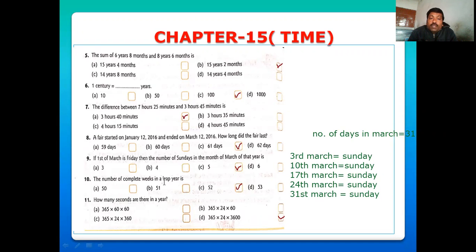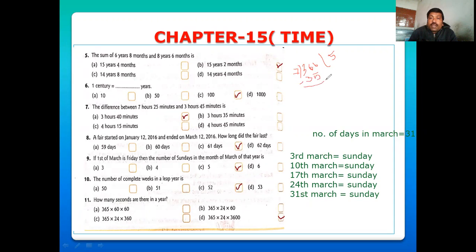The number of complete weeks in a leap year, number of days. How many days in one leap year? 366 days. To find this type of answer, we will divide 366 days by 7. 7 5s are 35.